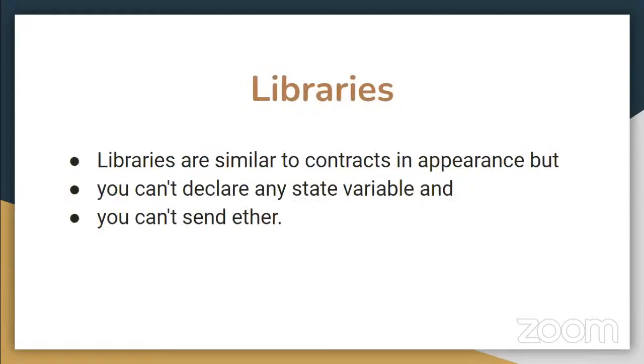They can be used as libraries. Libraries are similar to contracts in appearance, but you can't declare any state variables and you can't send ether. So just as you write smart contract code, you can write code that is a library that you would want to use again.